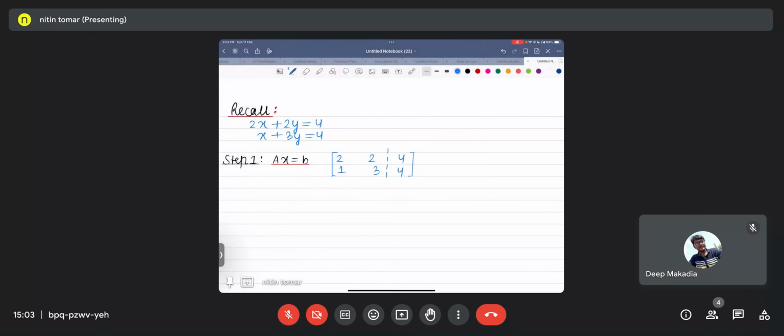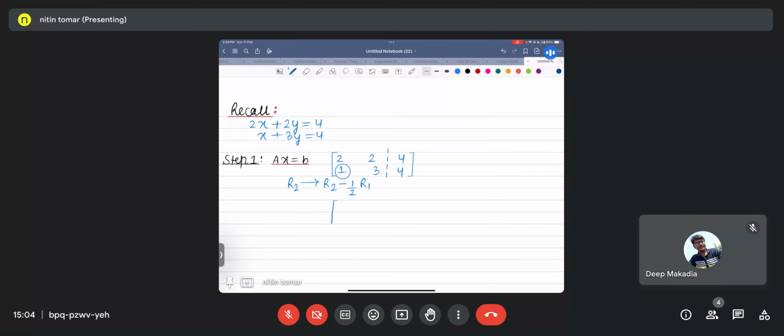Yes, you can try to make this entry of R2 to be 0. For that, you need to perform R2 goes to R2 minus half R1, correct?